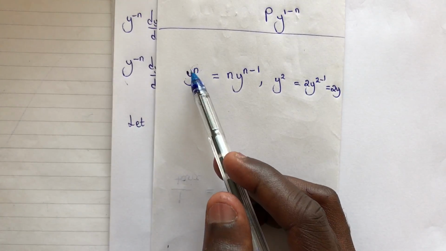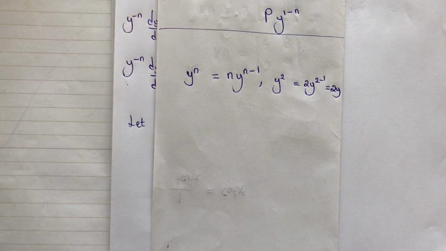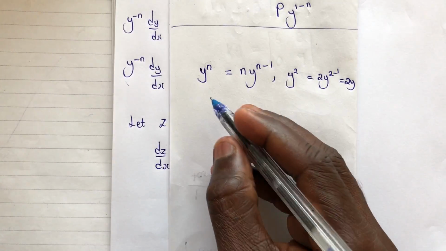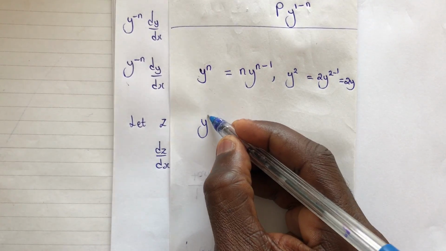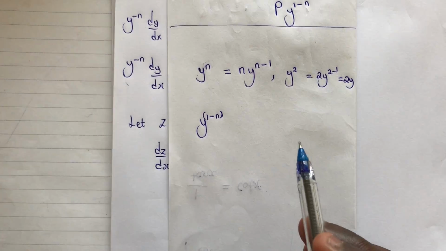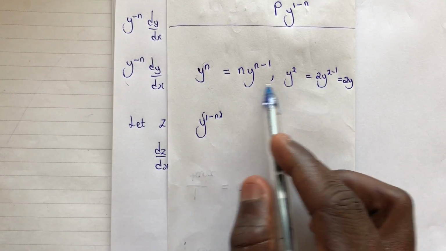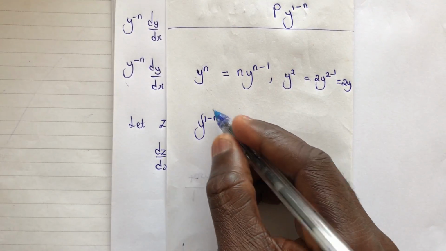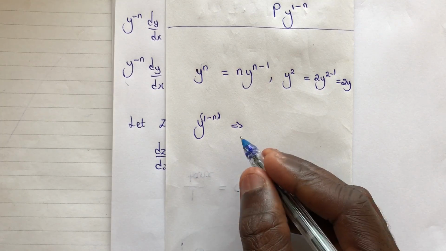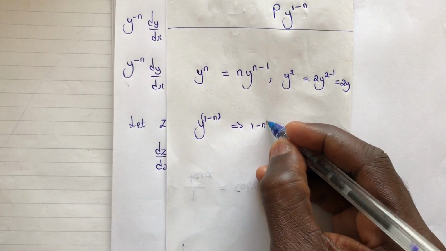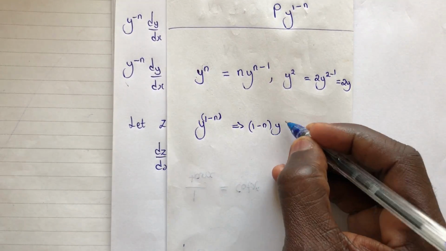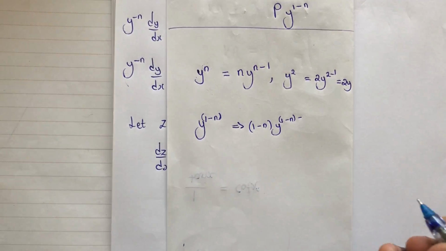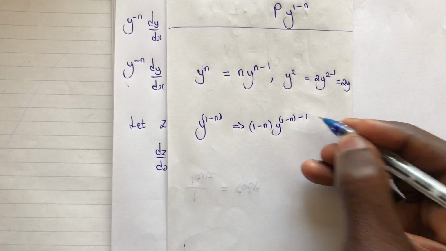Now the exponent that we have here was 1 minus n. So applying the same principle, let's see what we will get. So we have y to the power 1 minus n. Now when I differentiate this using the same principle, this is going to give us, use the exponent to multiply the function, (1 minus n) times the function y^(1-n), subtract 1 from the exponent.